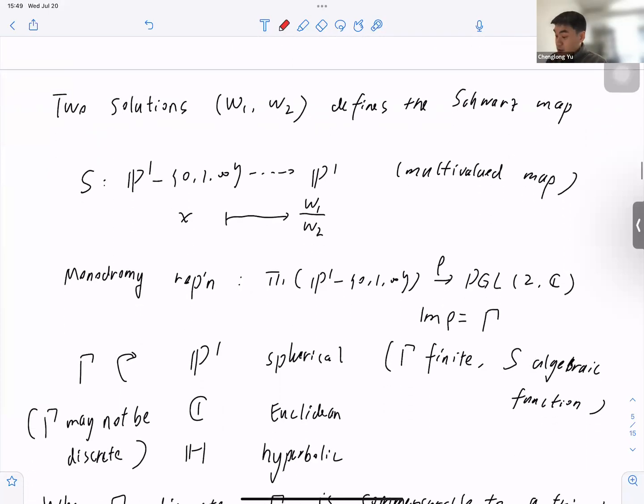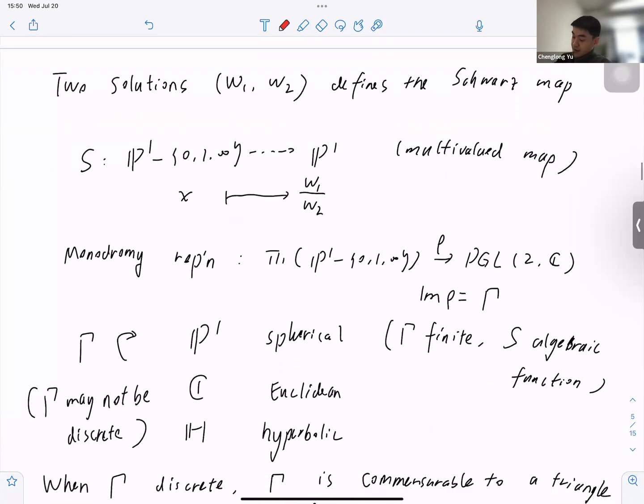So in this case, we can see 3 different cases of monodromy representations. The first one is gamma acting on the sphere, and it may be finite. In this case, it's exactly the case Schwarz wanted to study. So it's the case such that the Schwarz map is an algebraic function.